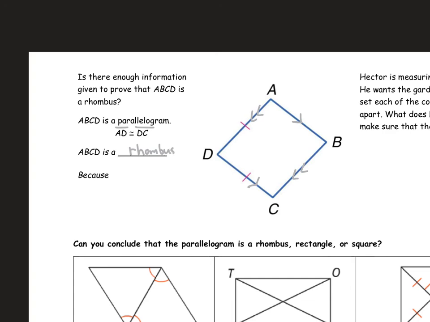And that's because ABCD is a parallelogram with consecutive sides congruent. So I had a pair of consecutive sides that are congruent, therefore I know that this guy is now a rhombus.